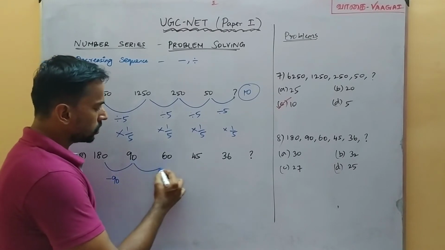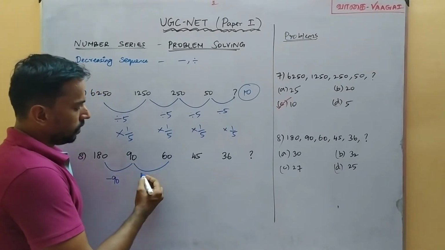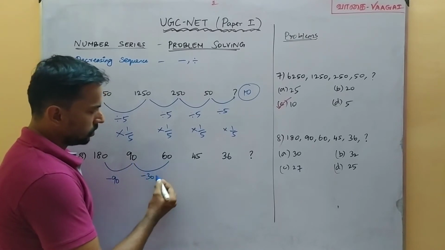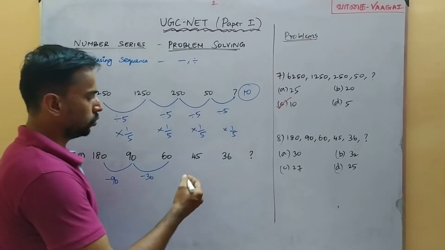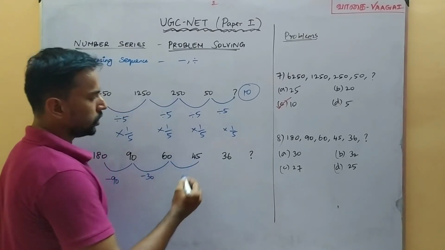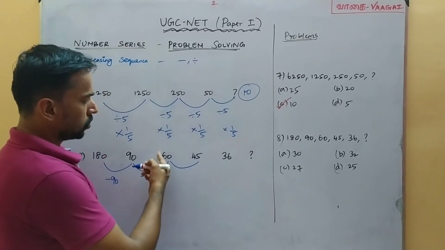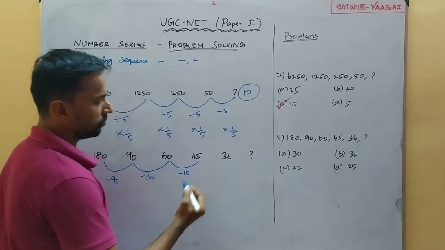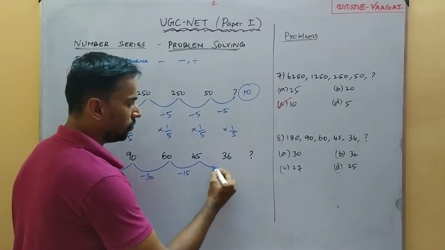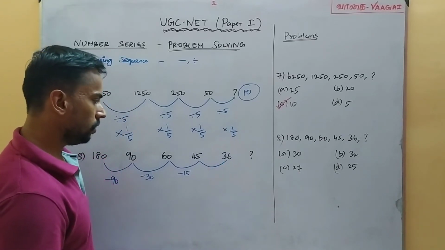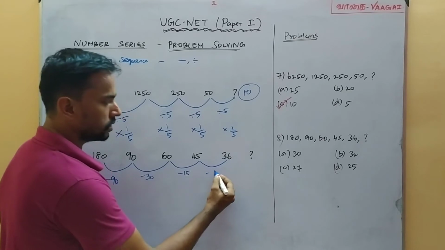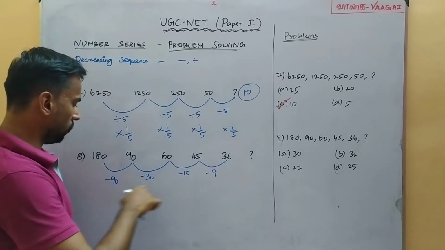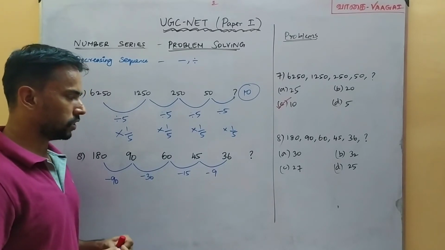And 90 to 60, they have subtracted 30, right? 90 minus 30 is 60. The numbers are very simple for calculation. Now from 60 to 45, they have subtracted 15, and next 45 to 36, they have done minus 9. This is the pattern I am getting through subtraction.